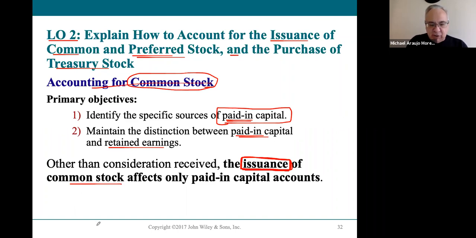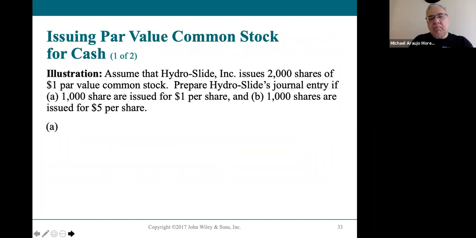Those are some common terms that you see over and over again. So this is how the accounting works when they issue common stock. Now, like I said, from Learning Objective 1, common stock will either have a par value or a stated value for accounting purposes.